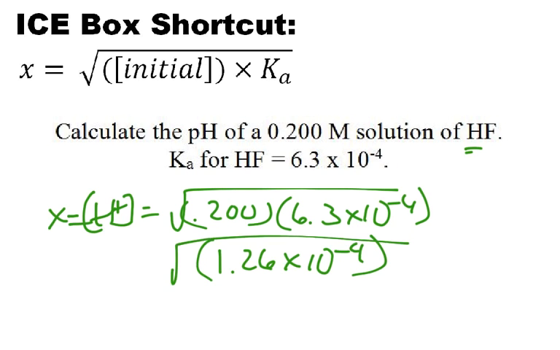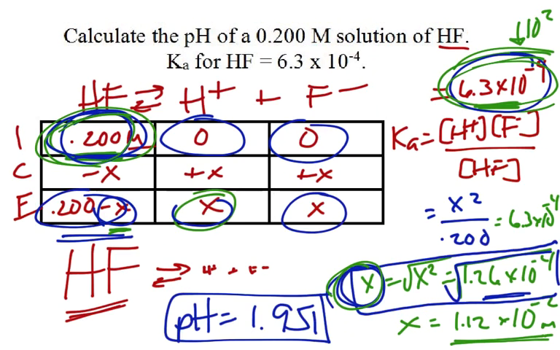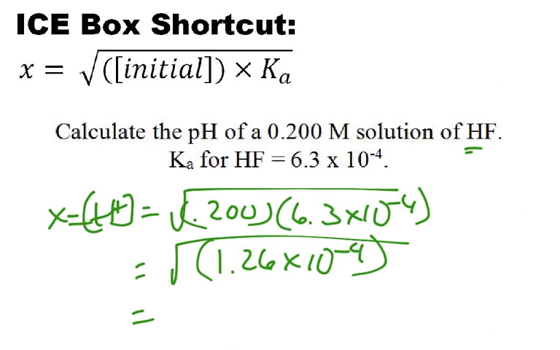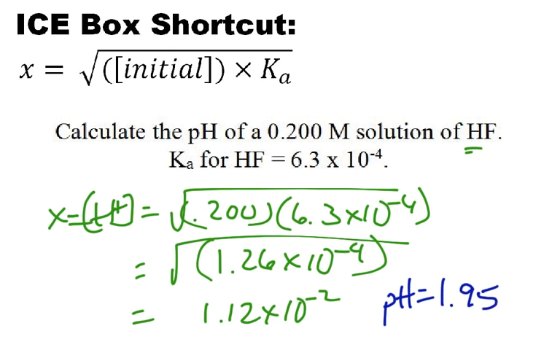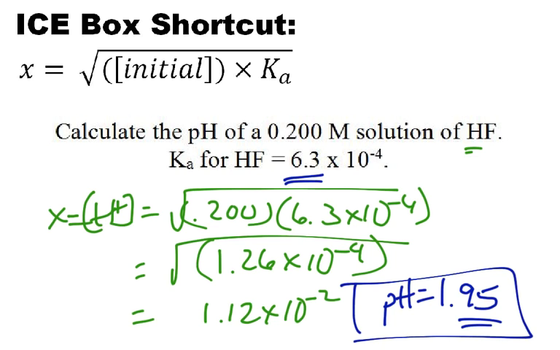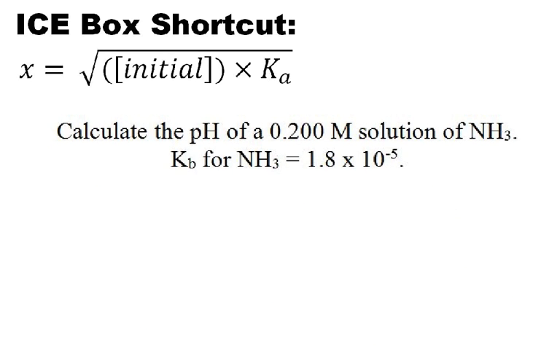So we're getting the square root of that, which equals 1.12 times 10 to the negative 2, and taking the negative log of that value gives us our pH. So the negative log gives 1.95, and since this is only 2 significant figures, this is only going to have 2 significant figures, so that will be our value.